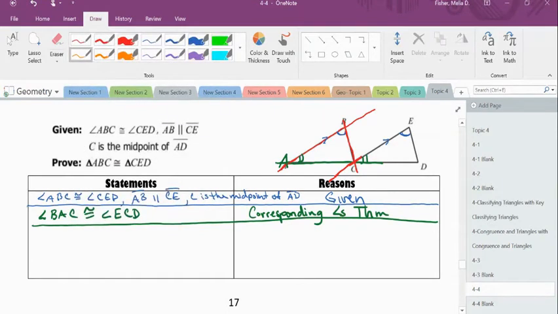Going back to the idea that C was a midpoint, that also tells me that AC was congruent to CD. And the reason that we know that is the definition of a midpoint.